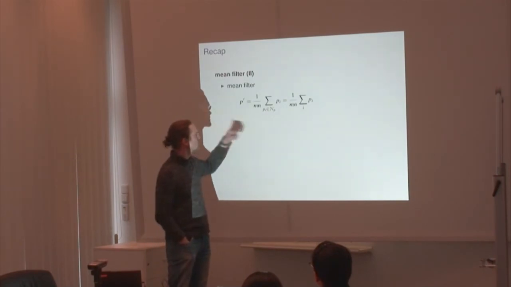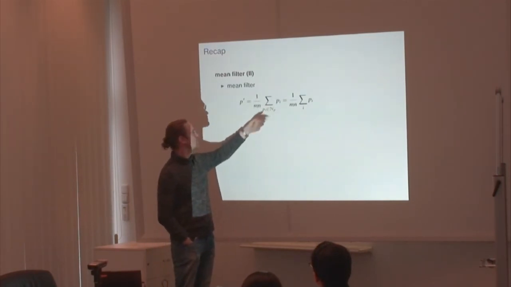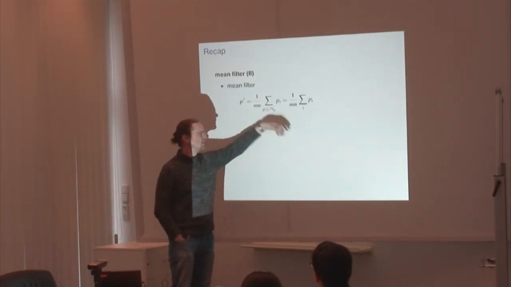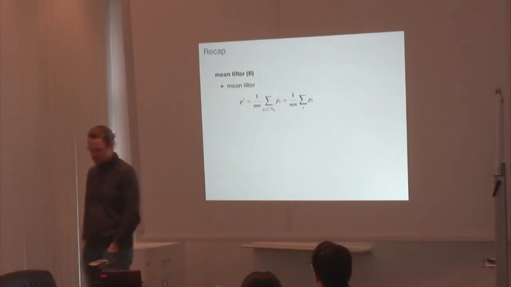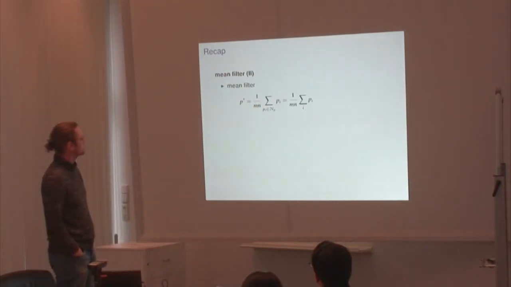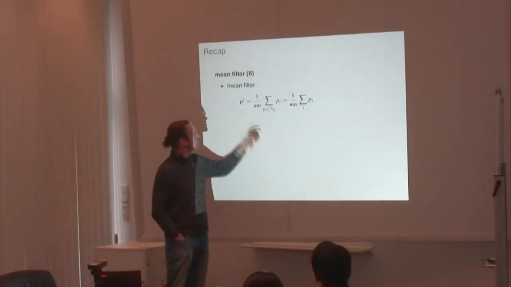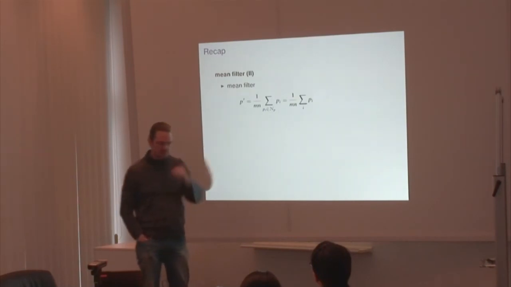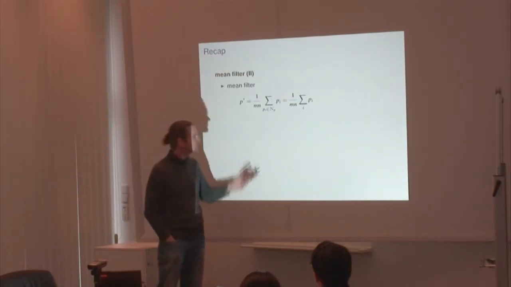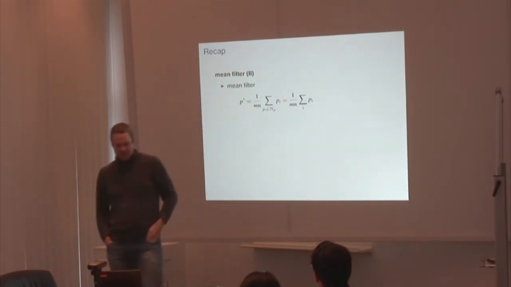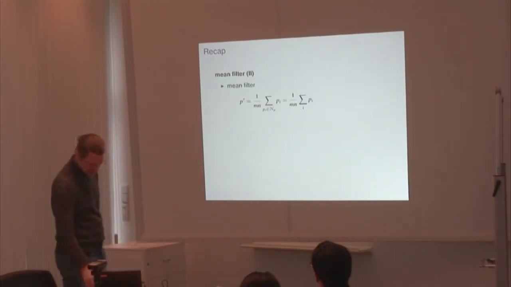Instead of p_i, summing over the p_i contained in here, I'll just give them a name, call them I. So this is just different ways of writing these down. This is the idea of mean filtering. We are given a neighborhood with a certain center pixel. For this center pixel we want to compute a new value, and that is just the average or mean in this neighborhood.